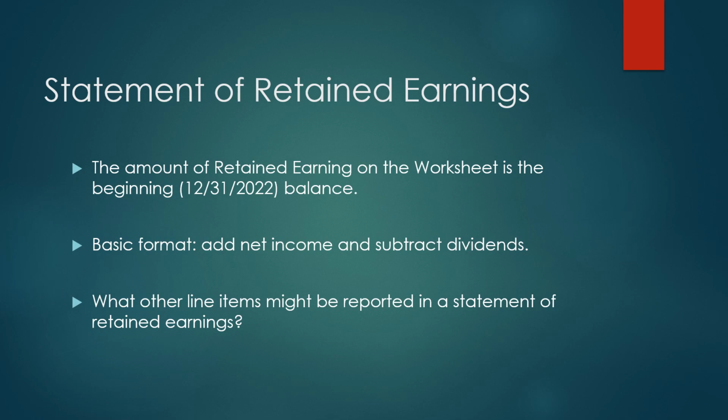On our statement of retained earnings, the basic format is to add net income and subtract dividends. We might put together a more complicated statement of retained earnings, which could include other items such as adjustments for cumulative effect of a change in accounting principle or correction of an error.